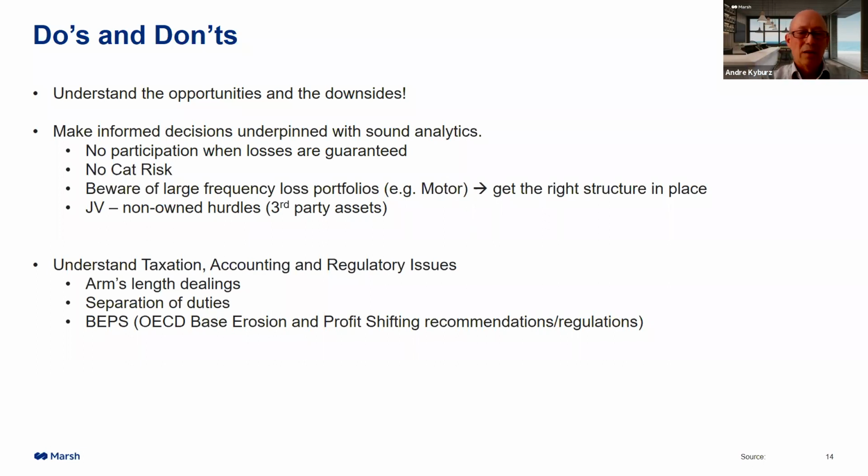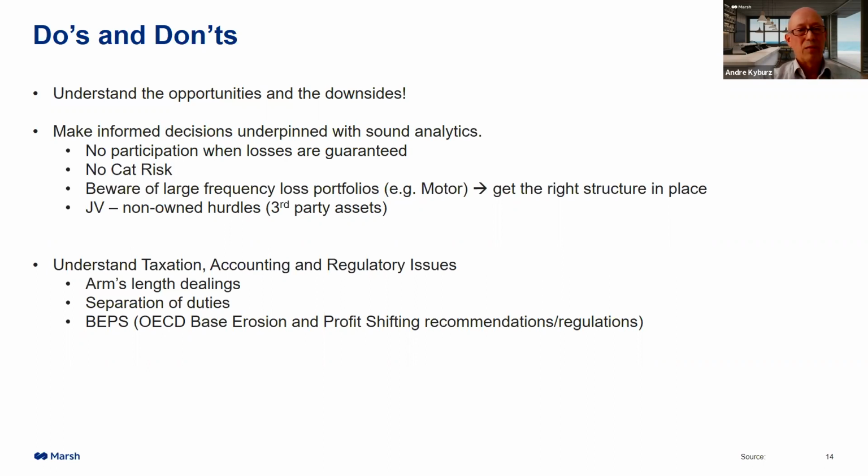The meaning of that dot point is really where you have a large frequency of claims. A captive is not equipped like an insurer to handle a lot of claims.